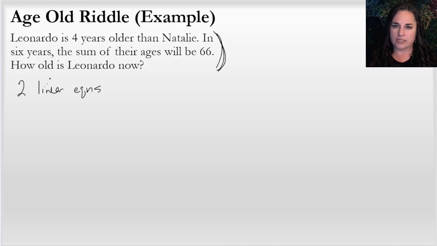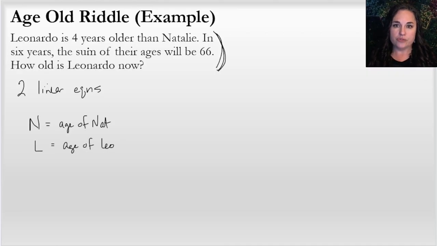It's an interesting situation. So Leonardo is 4 years older than Natalie. I'm not given any symbols, any variables in this problem, so I'm going to assign them. Let's let the age of Natalie be n. And no surprise here, I'm going to pick L for Leo, age of Leo.